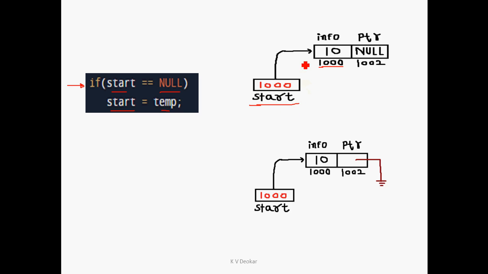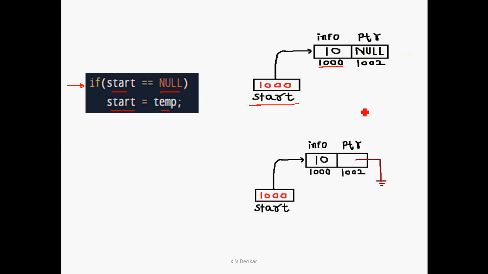So this becomes our single element in the single linked list. This will be our first element, and we know that start or head will always point to the first node of the list. Now this value 10 becomes our first node in the single linked list. Here the info part has the value 10 and the ptr part is NULL, so it is not pointing to anything else.